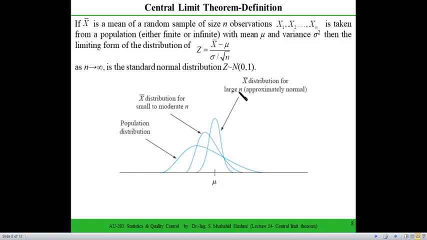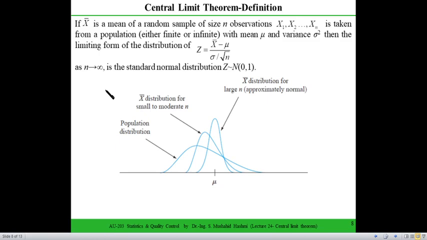But once your n is large, then your distribution looks like this, and its mean value would be the same as the mean value of the original population from which the samples have been drawn. So this is actually the purpose of this central limit theorem.